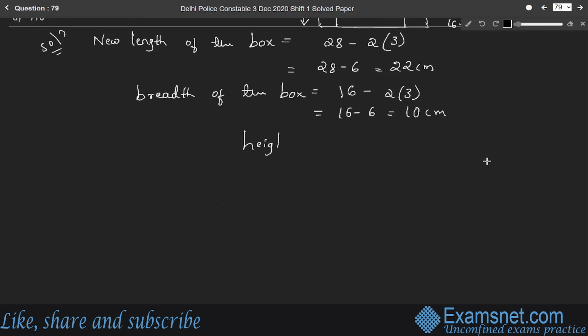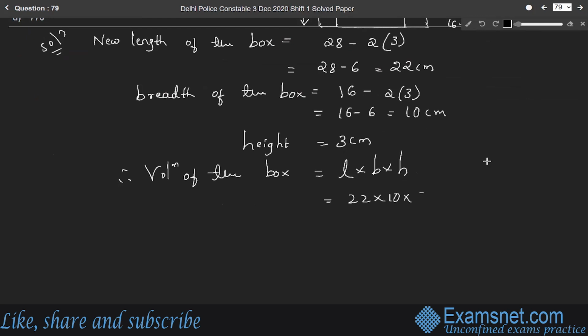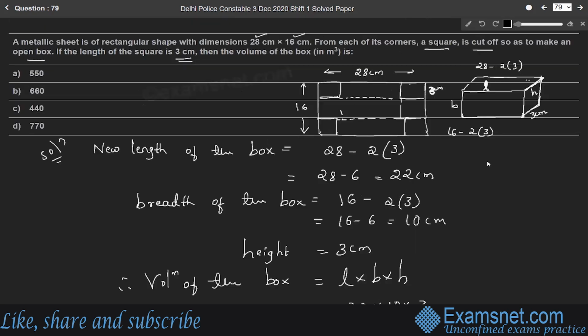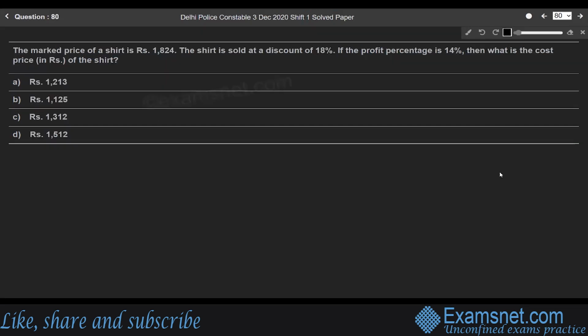Height is equal to 3 centimeter. Therefore, volume of the box is length into breadth into height, which is 22 into 10 into 3, which is 660 centimeter cube. 660 centimeter cube. Hence, option B.